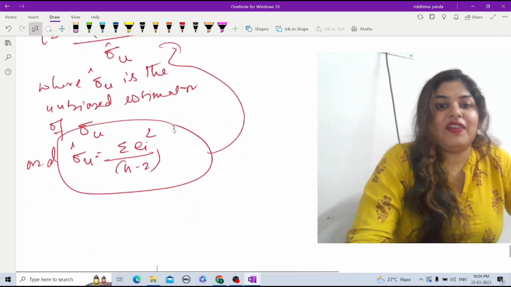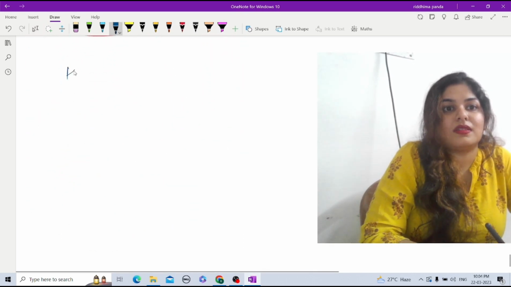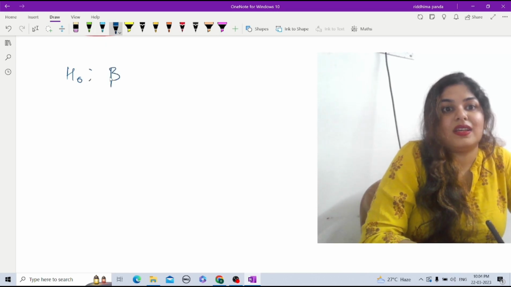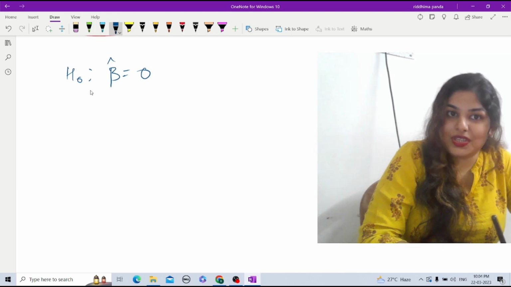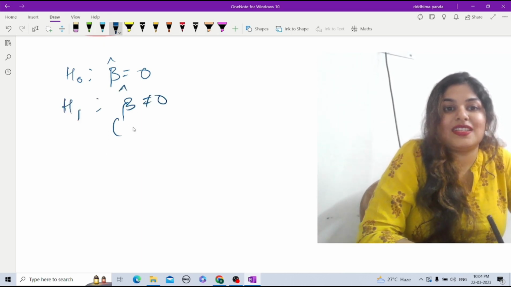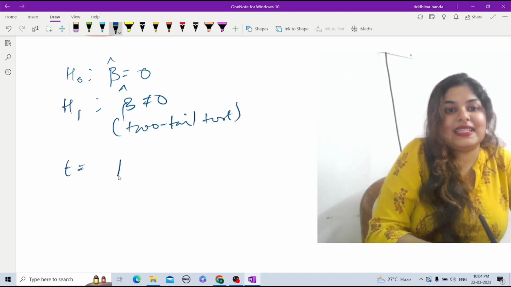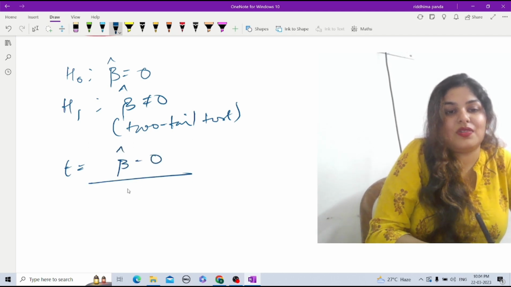Now if I write down my hypothesis, my null hypothesis is that I have to test whether beta is equal to 0 or not. Since this is not equal to 0, this is a two-tail test. And the t statistic is beta hat minus 0 divided by the standard error of beta hat.